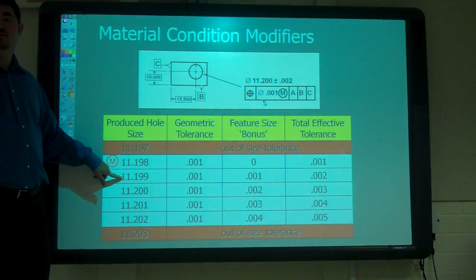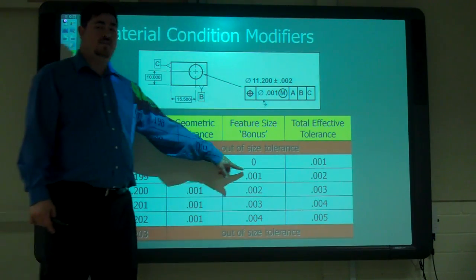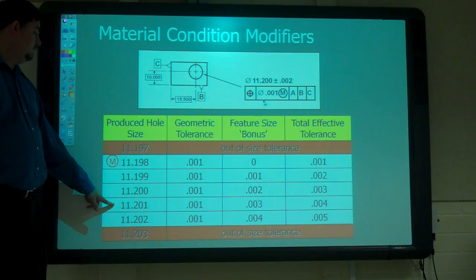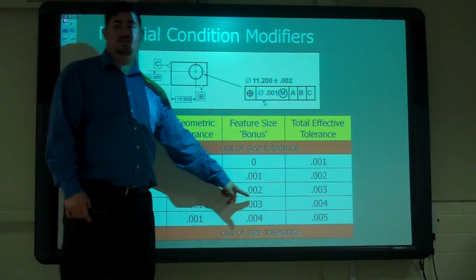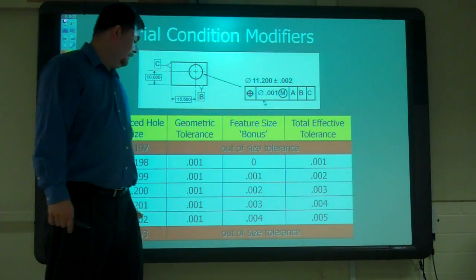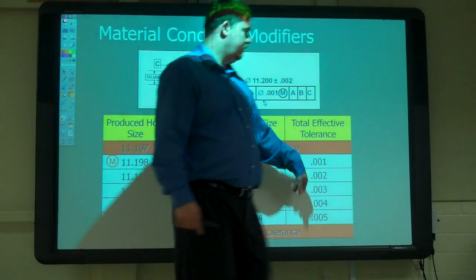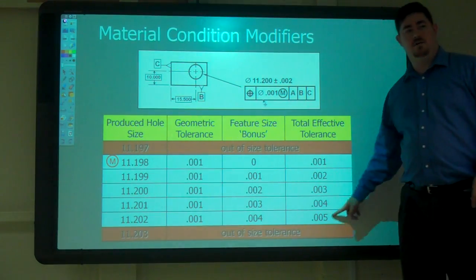So this one is 1/1000 bigger, we get 1/1000 bonus tolerance. That one's 3/1000 bigger, we get 3/1000 bonus tolerance. 4/1000 bonus tolerance. So we can just add those together and get our total tolerance.